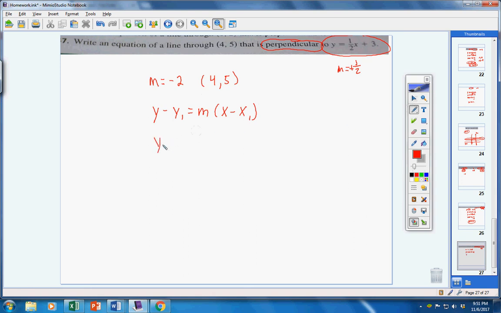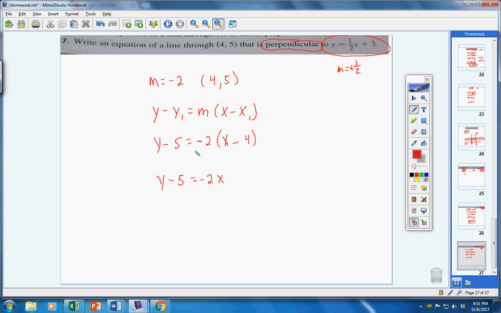Y minus y, which is 5, equals m, which is negative 2, times x minus x, which is 4. So here we go. Y minus 5 equals negative 2 times x is negative 2x.